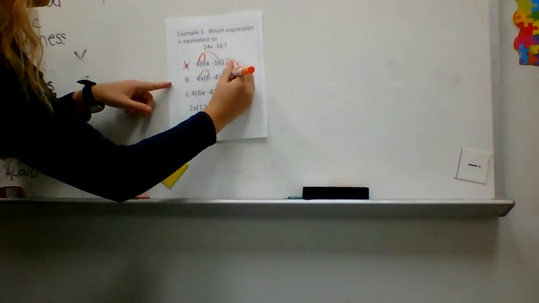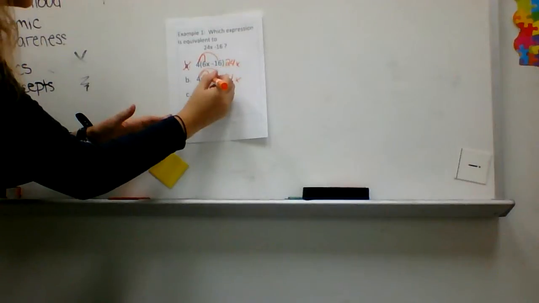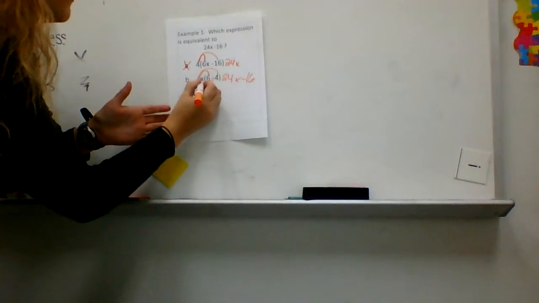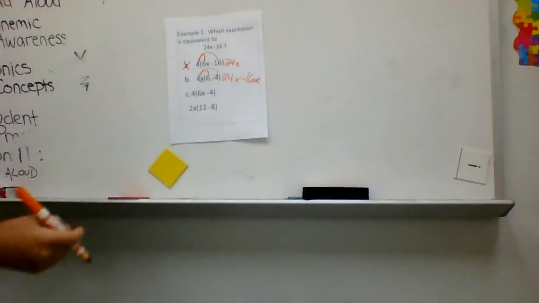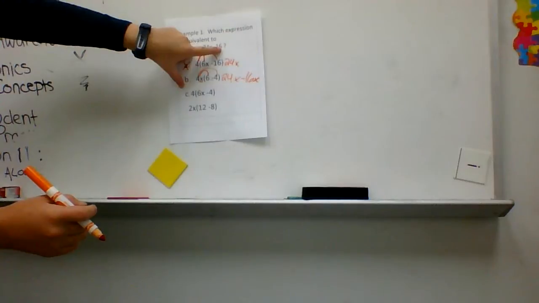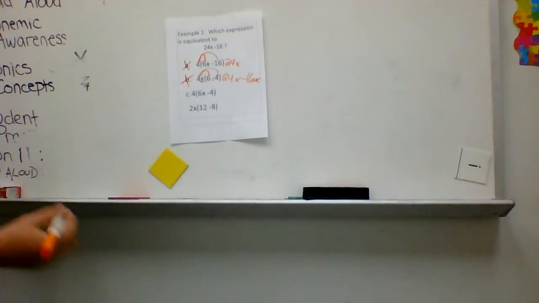I get 24x. Perfect, that matches again. Now 4 times a negative 4 will give me a negative 16, but I still have this x, so it's negative 16x. Ooh, this doesn't quite match because I'm looking for an expression that doesn't have an x on the 16, so B does not match.